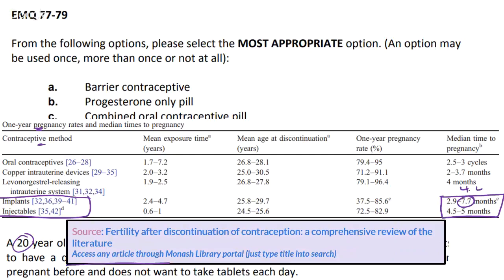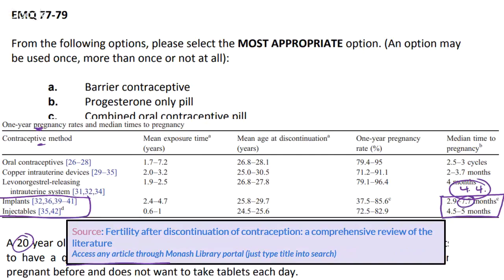So what we can see from this study is that the return to fertility is comparable. However, many other sources still state that depo has up to 6 to 12 months return to fertility. I didn't have time to read the whole paper, but the standard deviation is not reported and we don't know how big the population was.